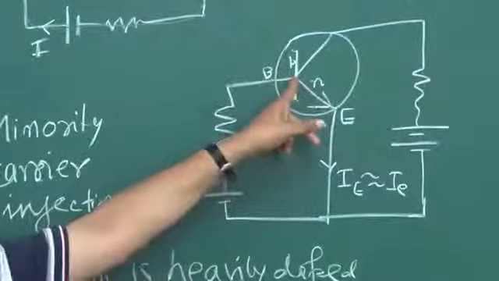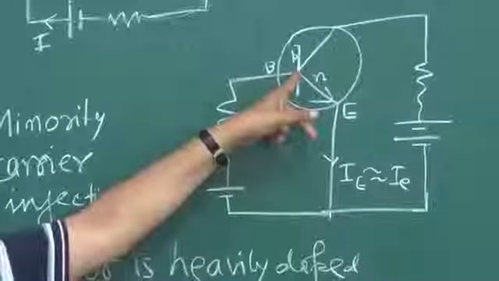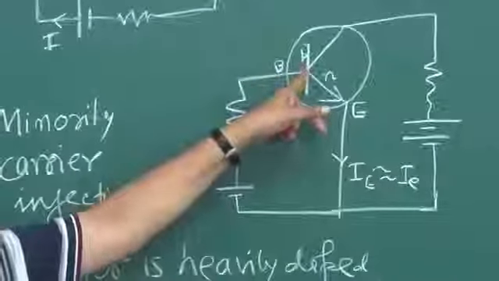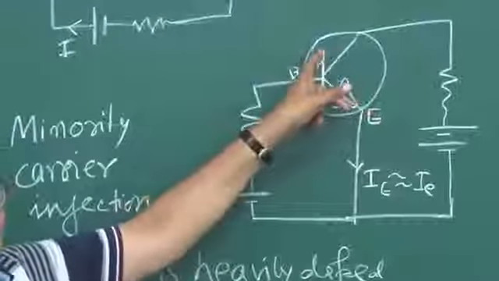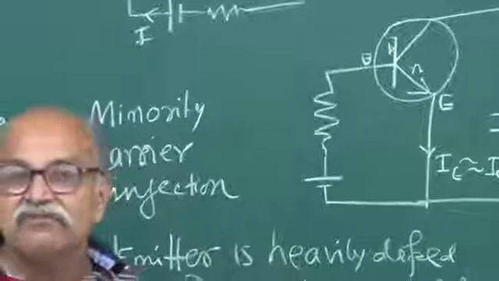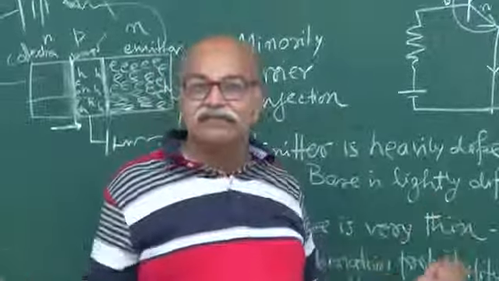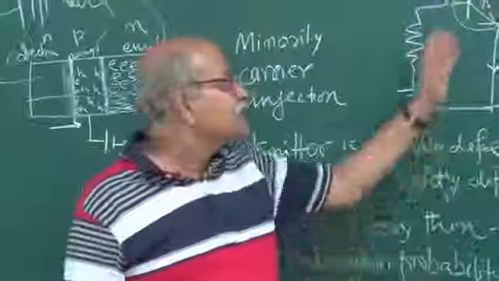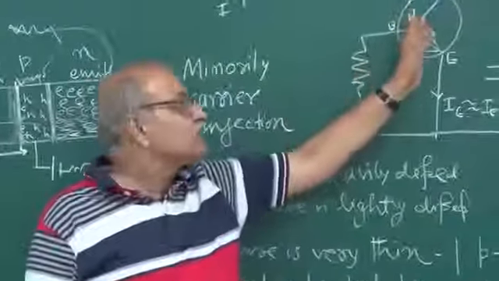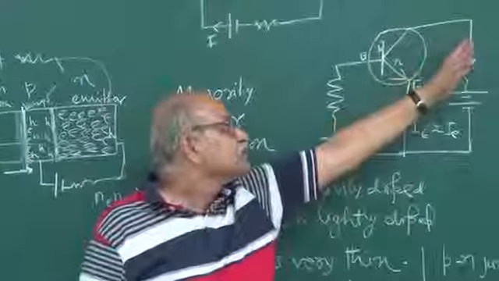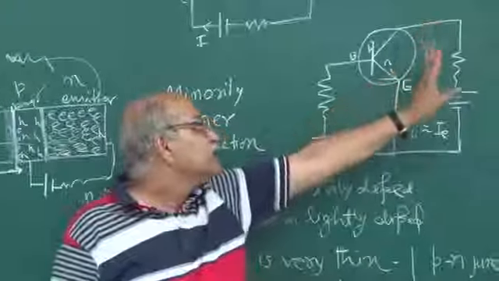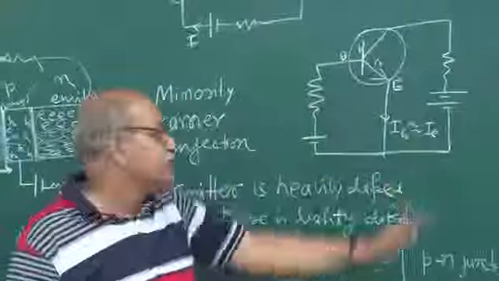These electrons cross over that base region and reach the depletion layer of this base collector junction, and that collector is waiting for these electrons with a strong electric field to attract, and these electrons are attracted and go through that collector, and that makes the current IC.